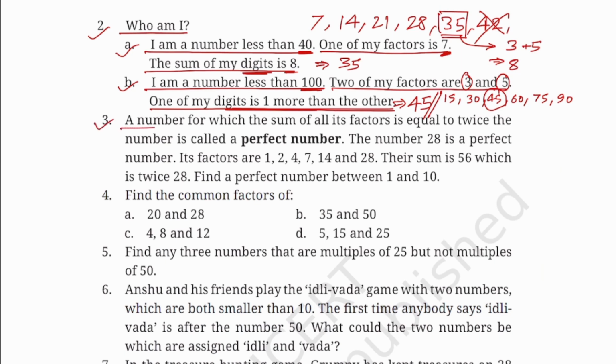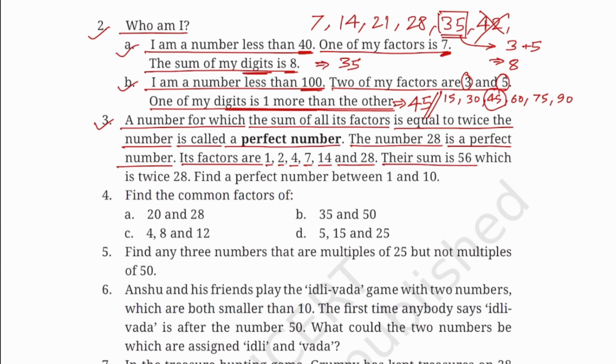3. A number for which the sum of all its factors is equal to twice the number is called a perfect number. The number 28 is a perfect number. Its factors are 1, 2, 4, 7, 14, and 28. Their sum is 56, which is twice 28.